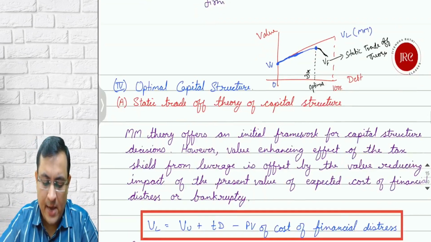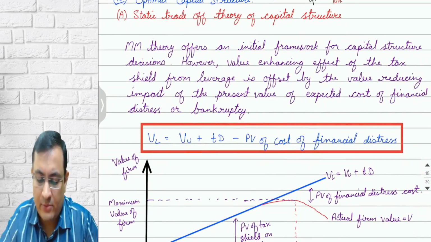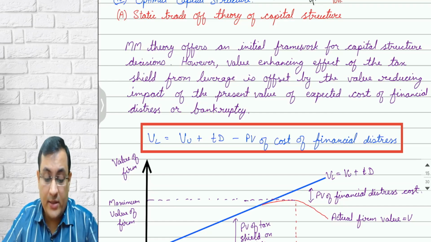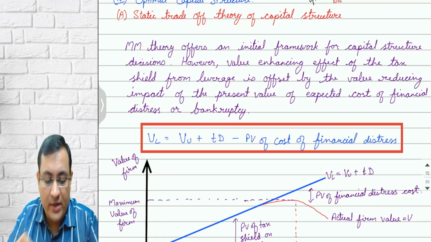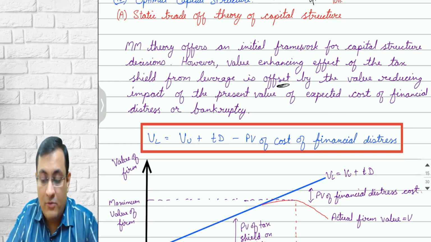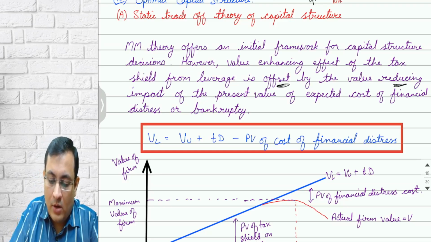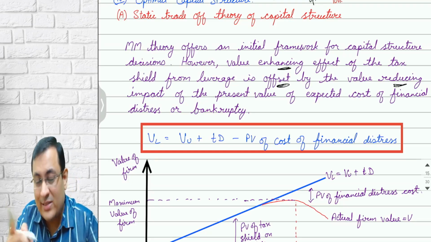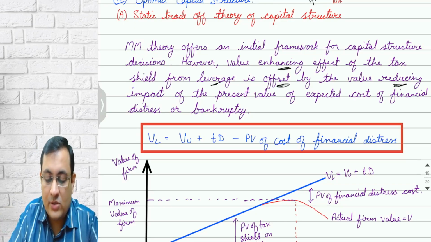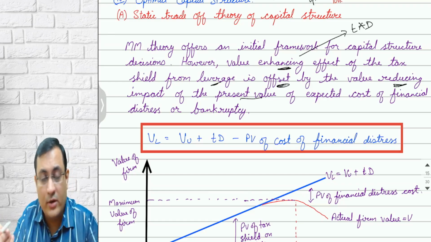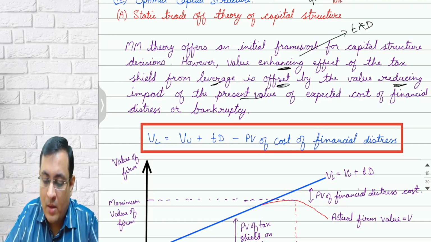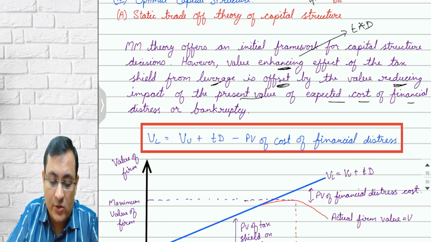So what it says: MM theory offers an initial framework for capital structure design. However, the value enhancing effect of the tax shield from leverage, that is T into D, is going to be offset by the value reducing impact of the present value of the expected cost of financial distress or bankruptcy cost.